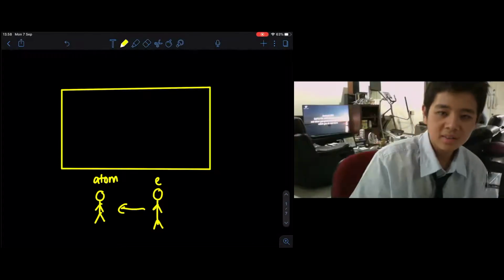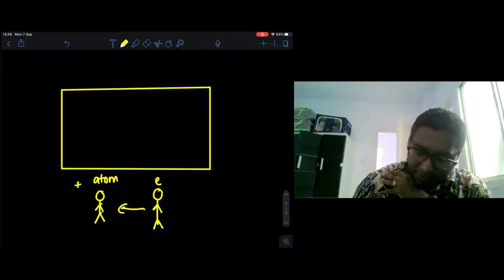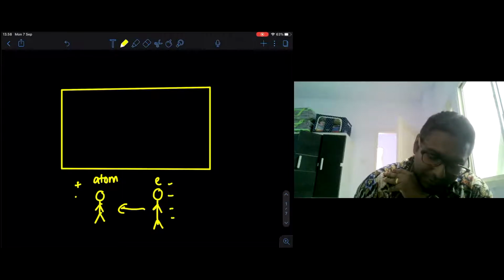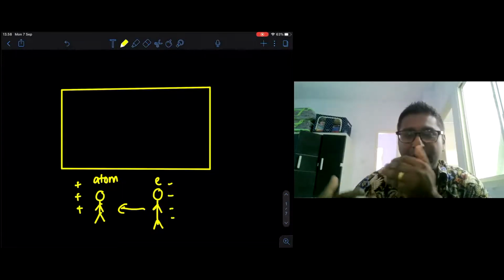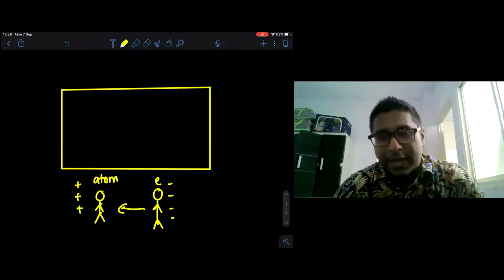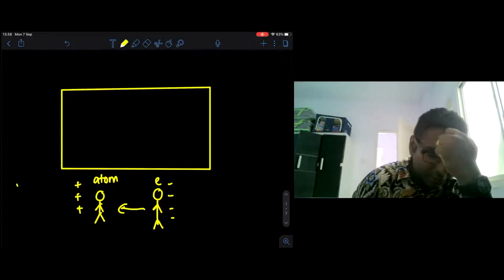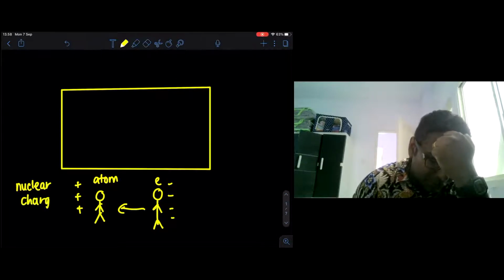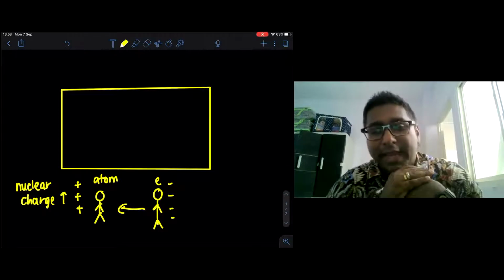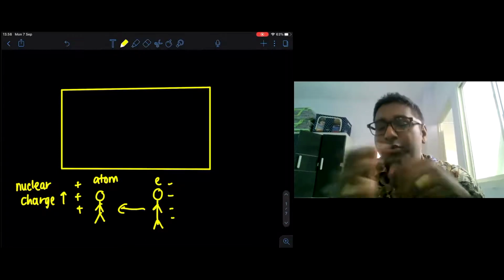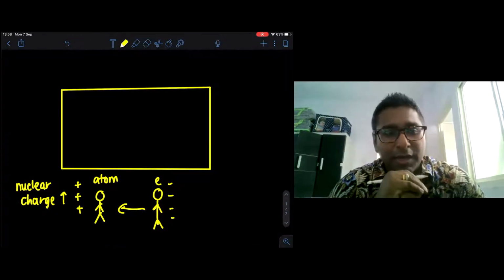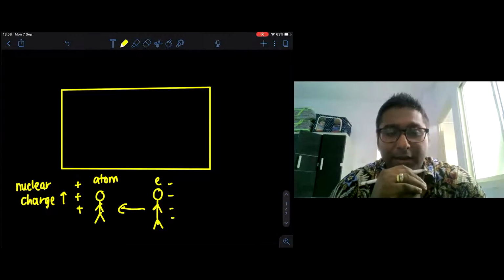Yes, you need a very strong proton because the electron is negative. So of course you need to have a lot of protons that will contribute to your nuclear charge. Nuclear charge is the term that we use. If you have more protons, it means your nuclear charge is more, but it cannot be simply just nuclear charge because nuclear charge is very relative.